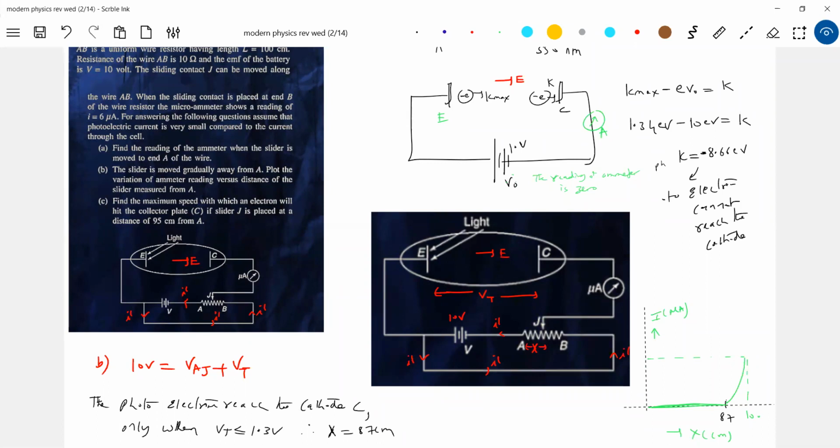As x increases, VT will decrease. Then there is more possibility of more electrons coming and striking the cathode. The number will increase, sir, but what about the rate? The rate definitely will be different. Anything with K greater than 0 will eventually come and strike C when VT is 0.